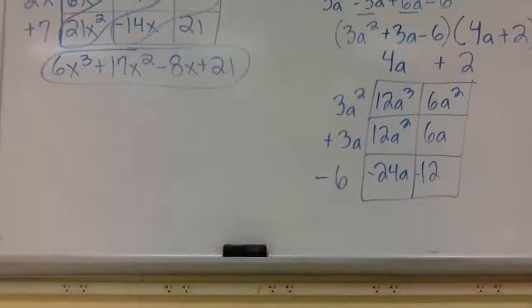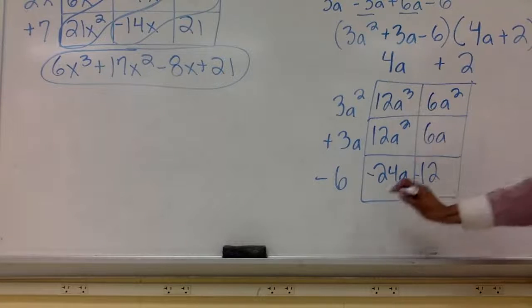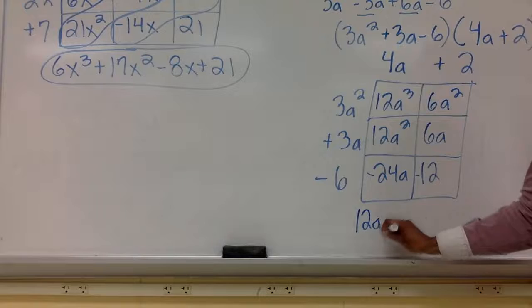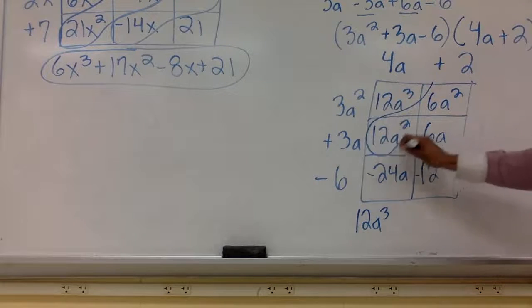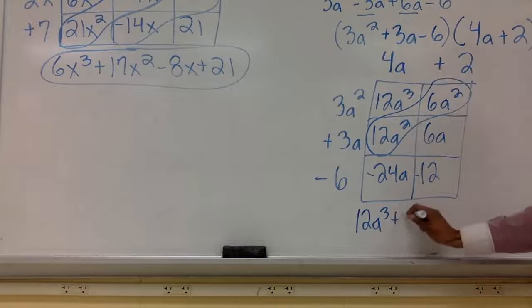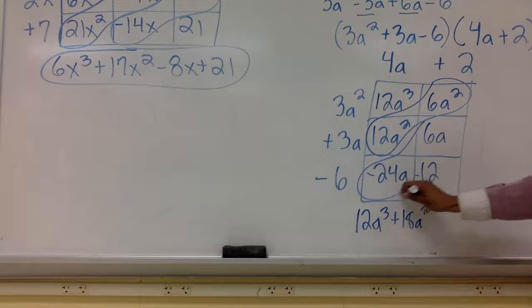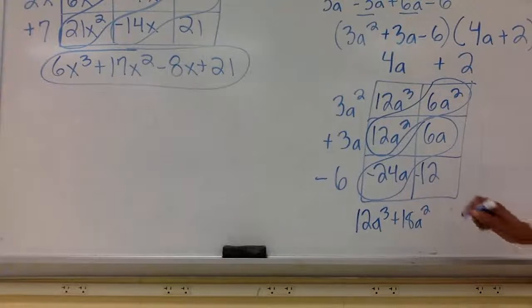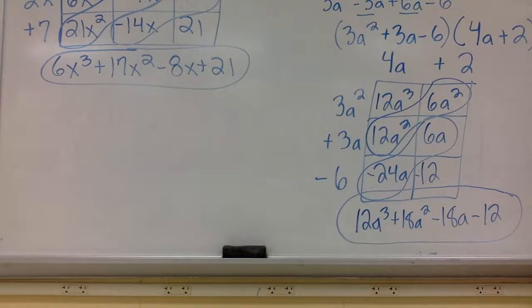So our final answer, this a to the third needs to come down. Nothing goes with that. So 12a to the third. These go together. That's 18a squared. These go together. That's going to be negative 18a. And nothing goes with my constant term. It's just the number. I got negative 12. So this is our final answer.